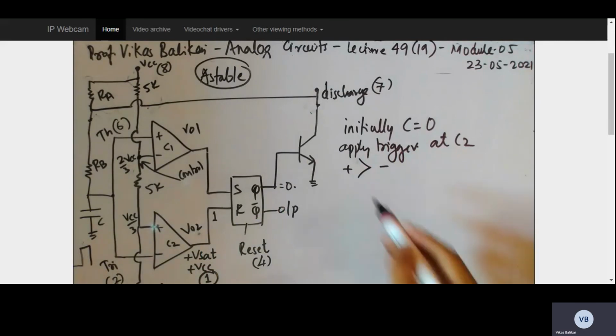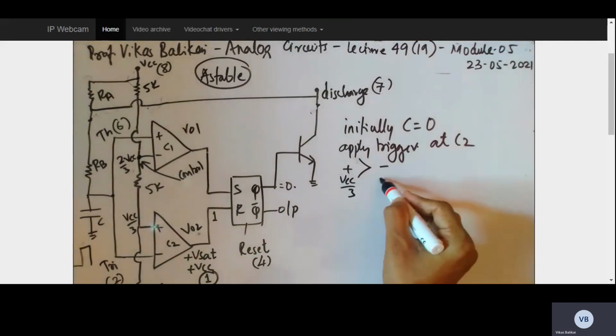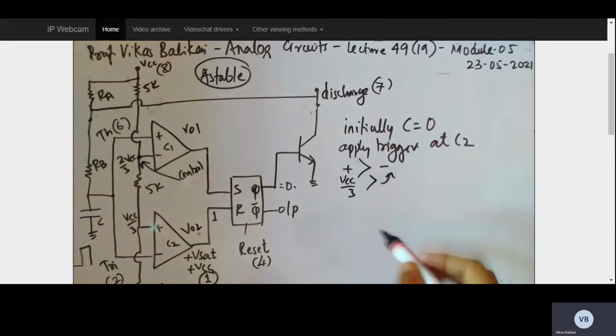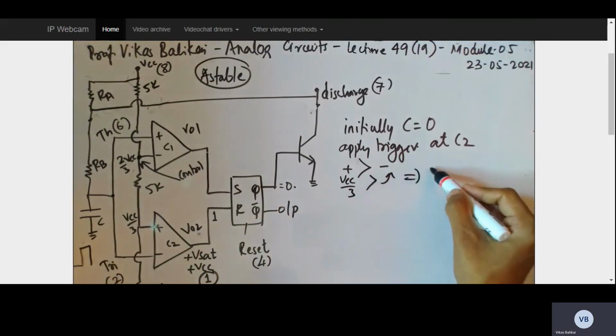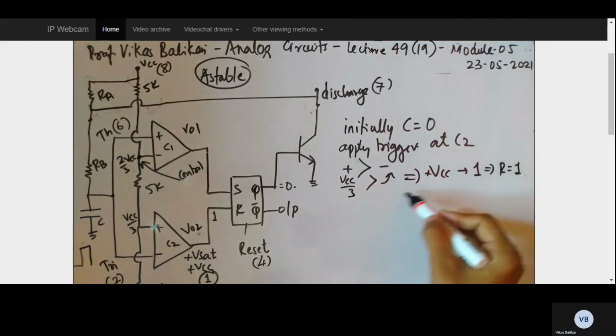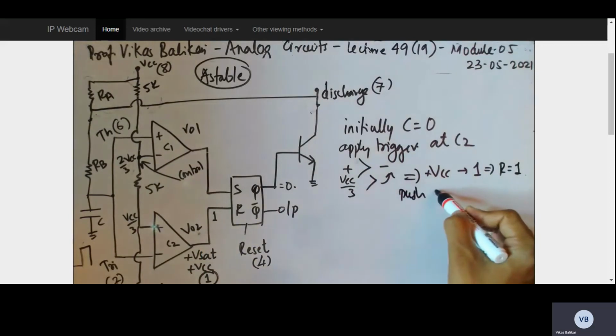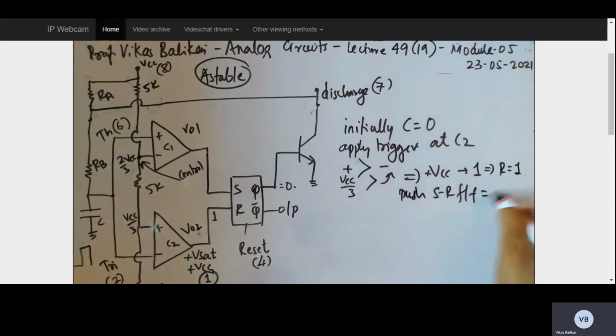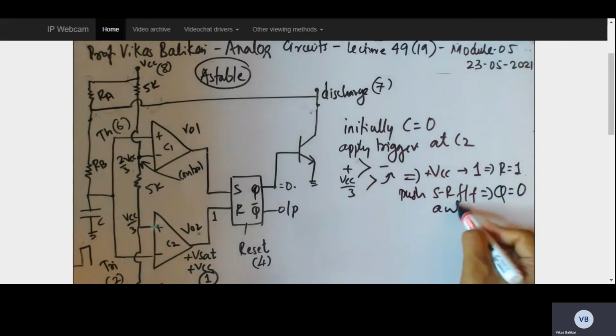This is at VCC by 3, and the other is slowly increasing. Hence, the output will be pushed towards plus VCC, that is logic value 1, which makes R equal to 1, and that pushes my SR flip-flop output towards 0. So Q will be 0, and in the meantime Q bar will be equal to 1.